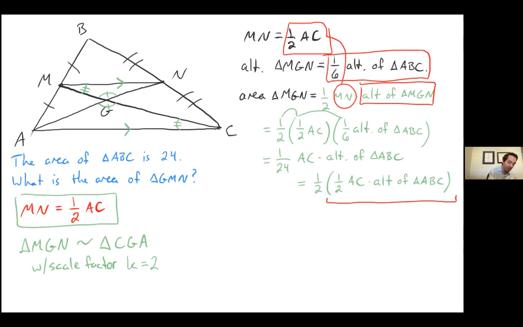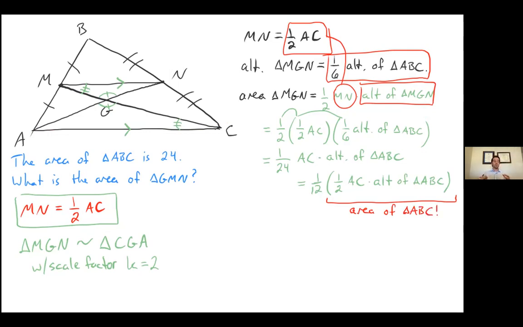The thing that's bracketed in red, 1/2 times this base right here times this altitude. What is that? Pause, think about it. The altitude of ABC times AC times 1/2. This is the area of triangle ABC.